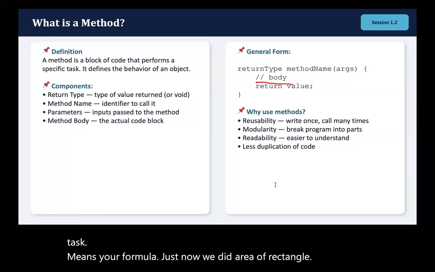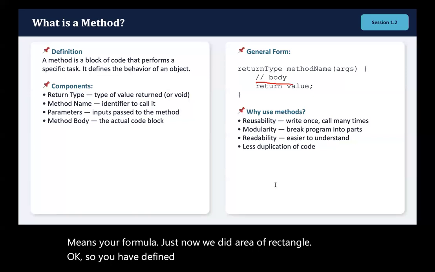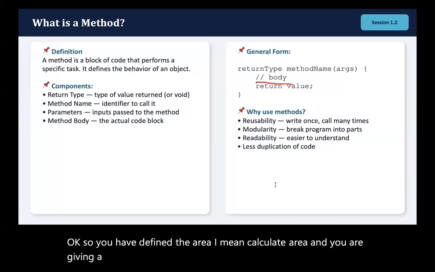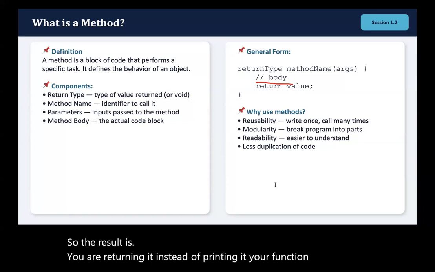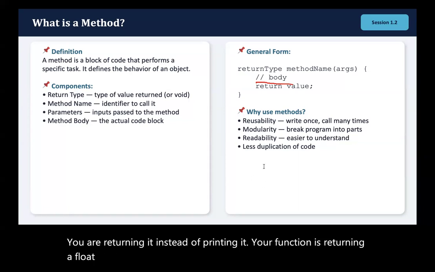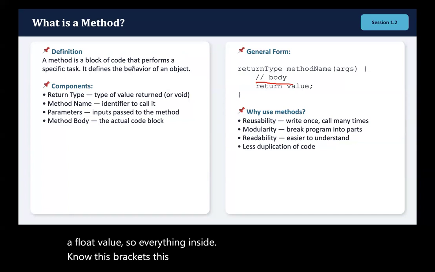You have defined calculate area, and you are giving a formula, float area equal to l times b, and you are writing return area. So you are returning the result instead of printing it. Your function is returning a float value. Everything inside these curly brackets is called the method body.